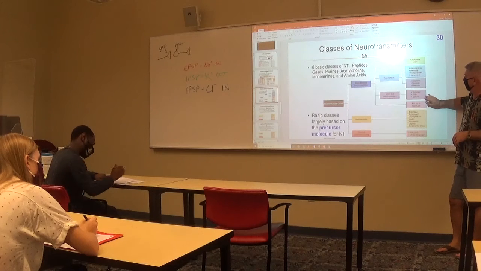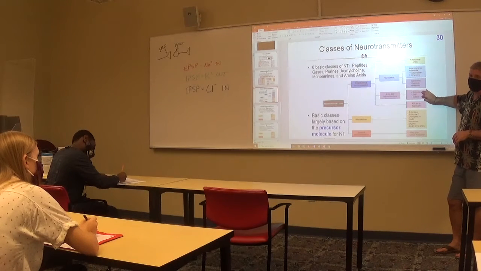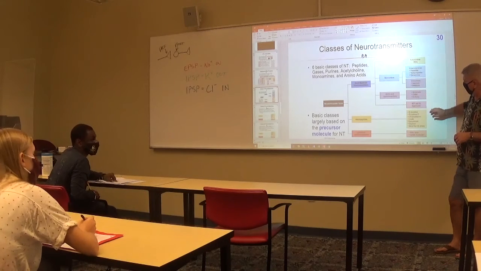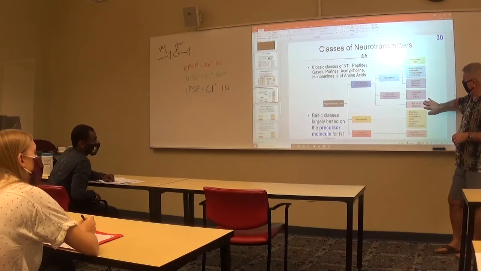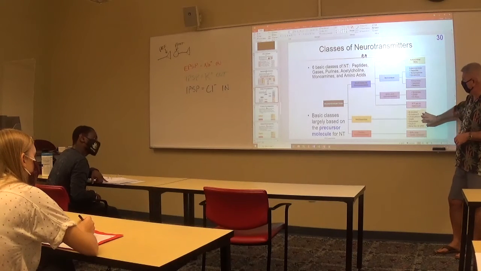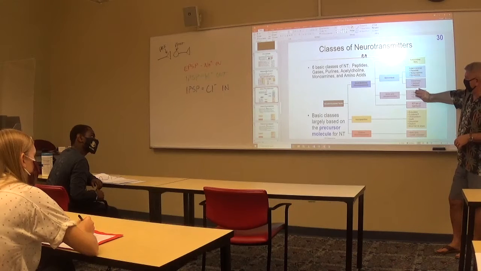Okay. The amino acids are constructed and are similar in terms of how they're synthesized. ATP is a separate chemical that can also be used as a signaling chemical. The neuropeptides are like the amino acids.